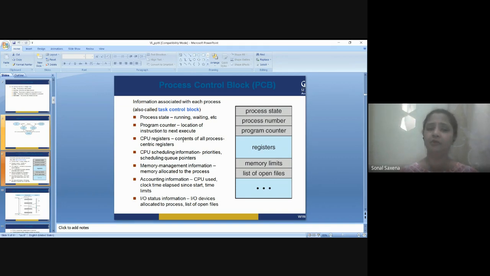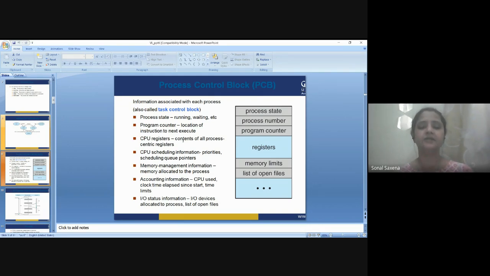What do we mean by accounting here? It tells how much CPU time the process has taken, how much time has elapsed, and what the time limit is. Because your process is always required to complete at some particular time, so it has also got its limit.